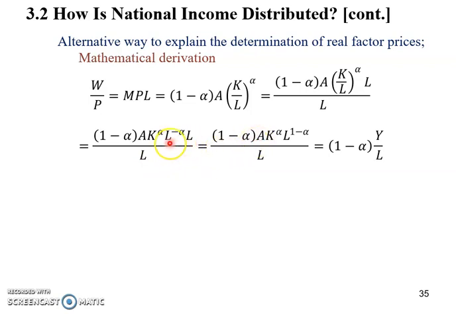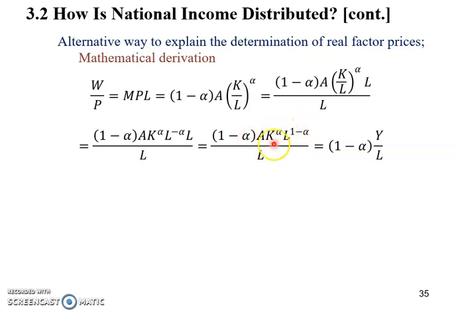Now in the numerator we get L to the power of minus alpha and L to the power of 1, which we didn't write out, so we combine these two because they have the same base. It's going to be 1 minus alpha times A times K to the power of alpha times L to the power of 1 minus alpha, divided by L. The observation we can make is, look at this part, A times K to the power of alpha times L to the power of 1 minus alpha.